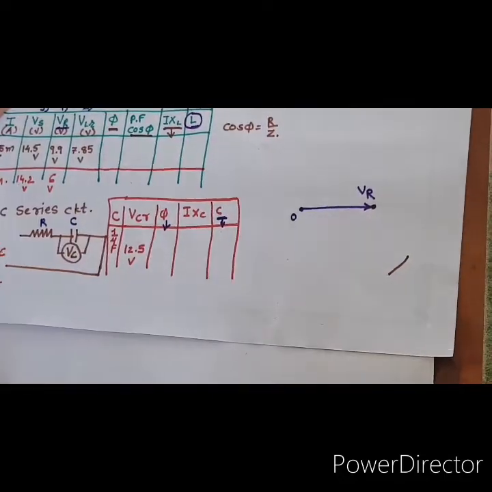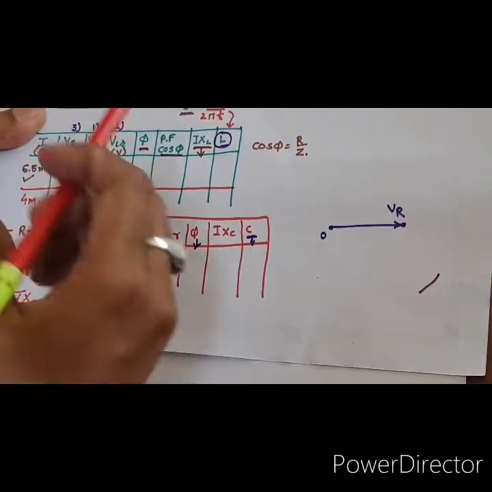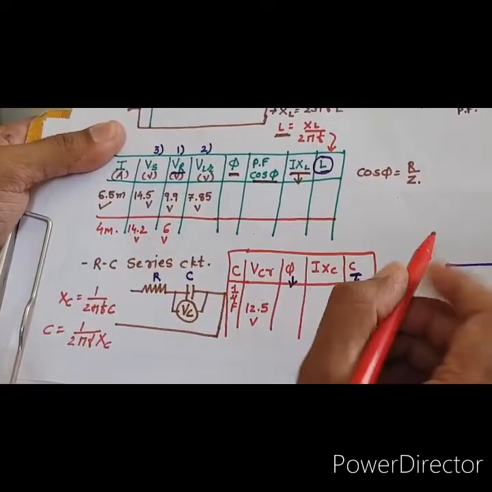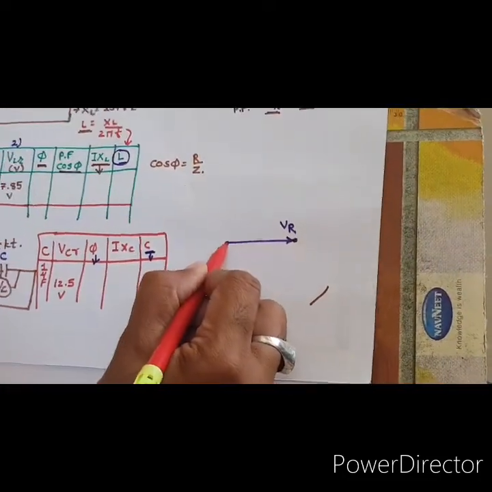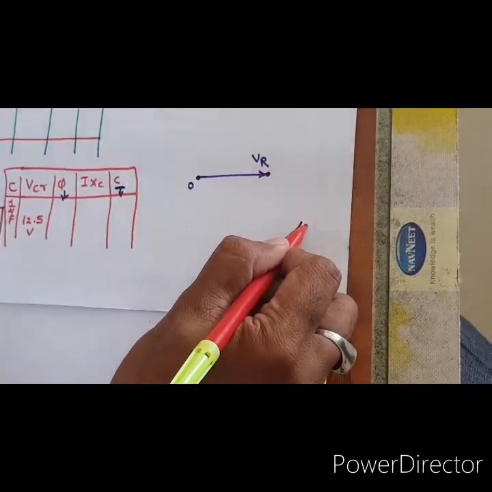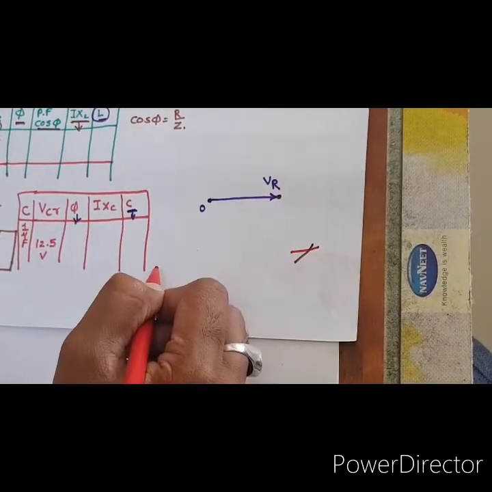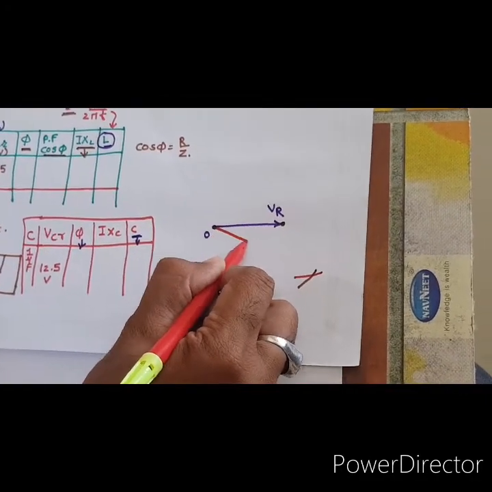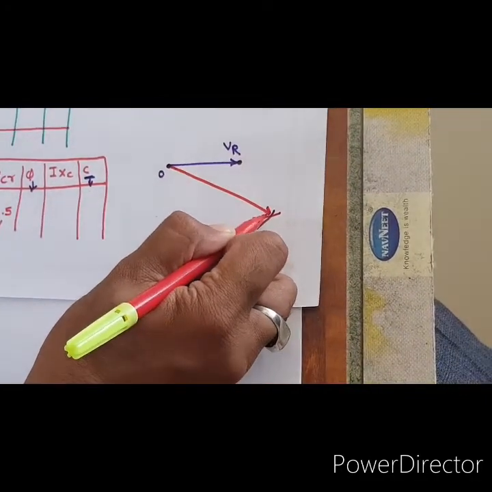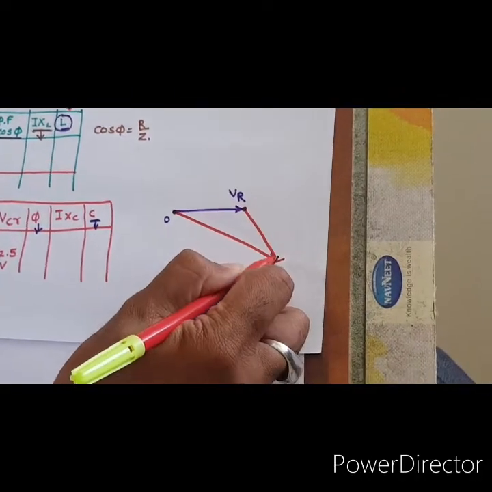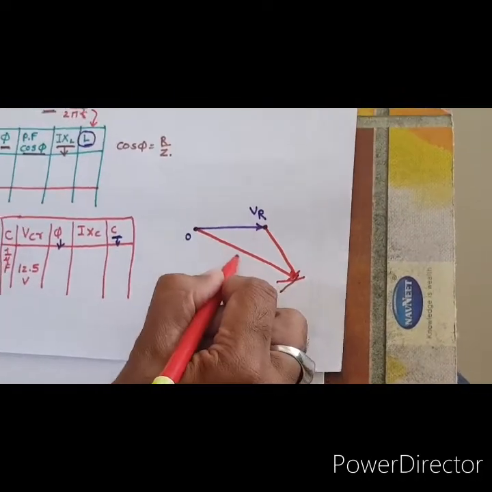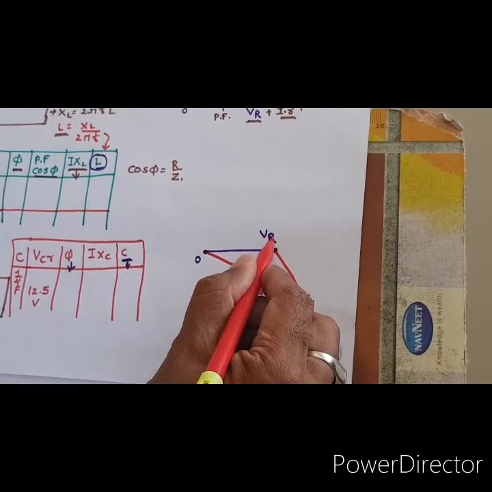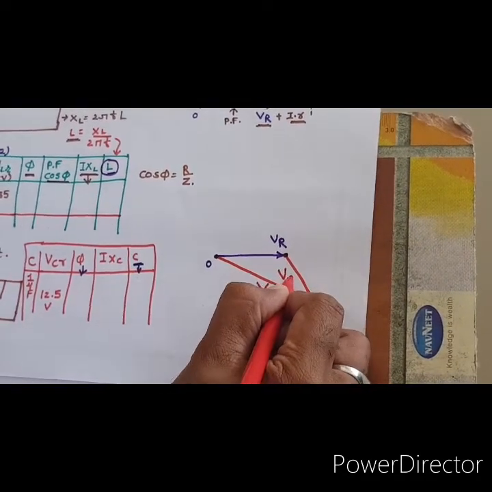The third one is our Vs 14.2, initially at the 0 point, and it will cross this arc here. Now we join these 3 points so that we get the triangle of supply voltage, voltage across resistance, and voltage across capacitor bank.